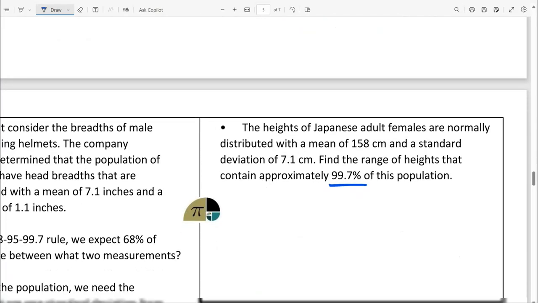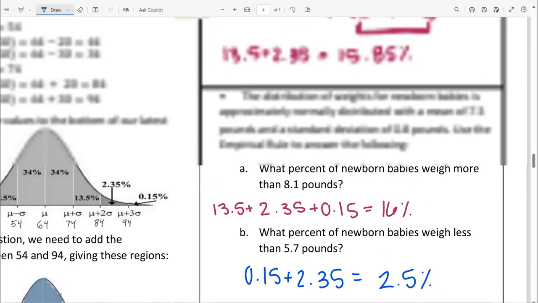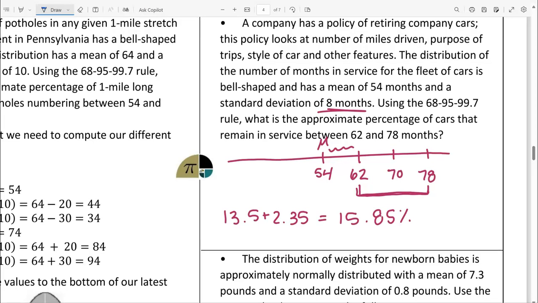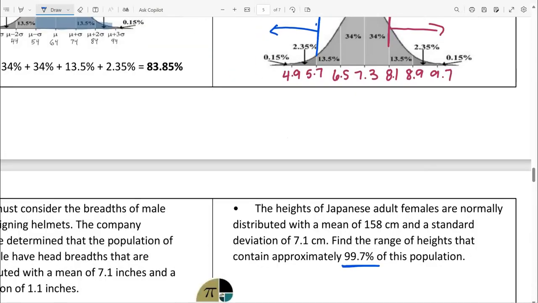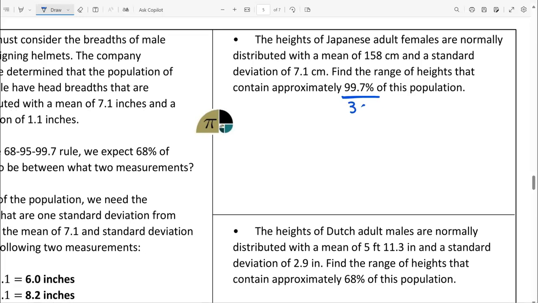So what it's asking here is basically for us to go backwards from what we did here, right? It gave us a little range and we found the percentage. Right now it's giving us the percentage and we need to find our range. So since 99.7 is 3 standard deviations out, we're just going to go 3 standard deviations out from the mean in both directions. For the low end of our range, we take the mean 158 and subtract 7.1 three times.